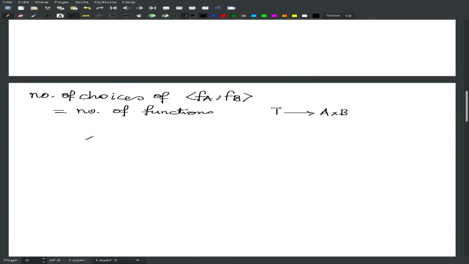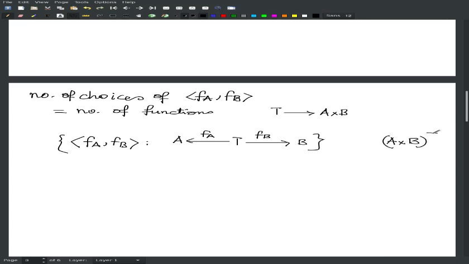Well, you are taking this set such that you have the elements from here, this set, and the second one is the set of all functions from T to A cross B.